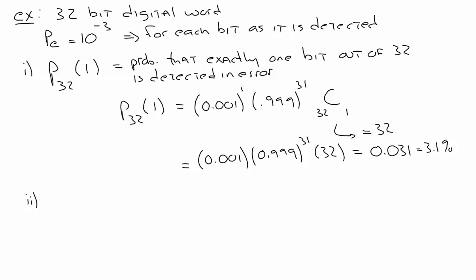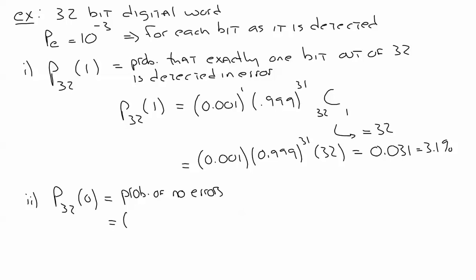Let's do another one. What is the probability that out of 32 bits I have exactly 0 errors? This is the probability of no errors. Okay?